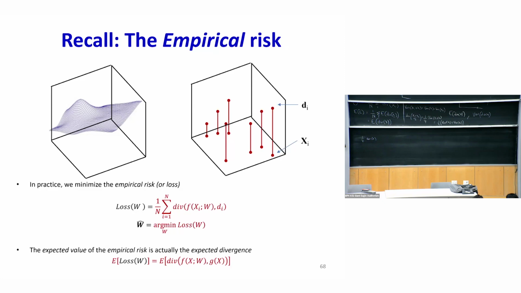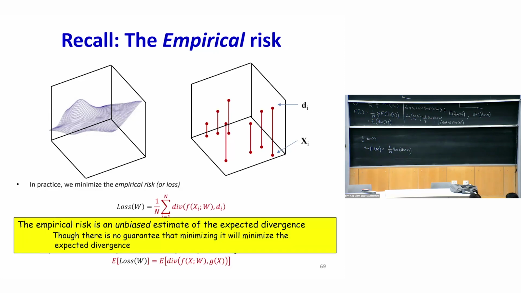1 by n. If I have n samples of this kind, the variance of the loss over n samples is going to be 1 over n times the variance of the divergence of x. This is what we get for our training data. And so the expected value of our empirical risk is actually the expected divergence, which we actually want to minimize.